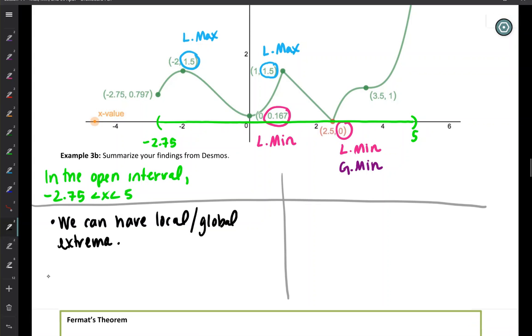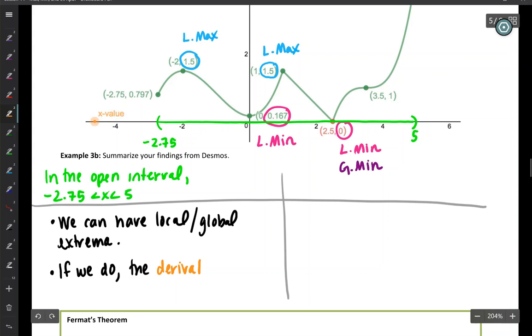If we do, what do you know? The derivative is either 0, like right here, the derivative is 0, or right here, the derivative is 0.